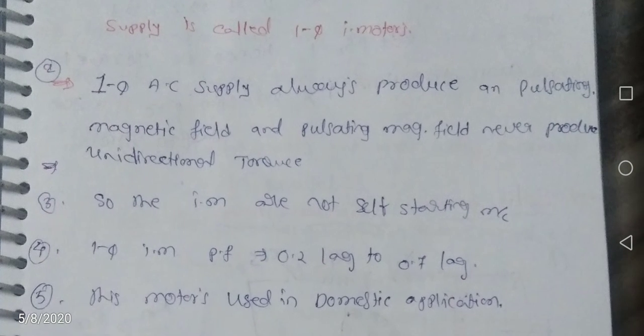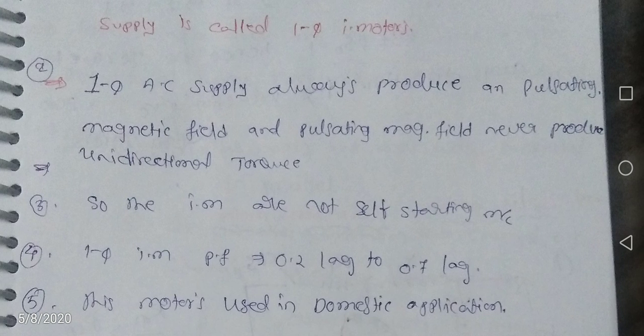Due to the pulsating magnetic field, a bidirectional torque will be produced, but not a unidirectional torque. Bidirectional torque means the torque will be produced in the forward direction and backward direction, but not in one direction. So for a motoring action, we need a one direction torque. So to create a one directional torque, we need a rotating magnetic field, but not a pulsating magnetic field.